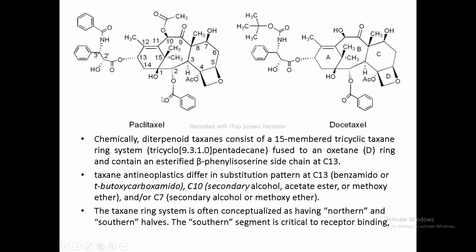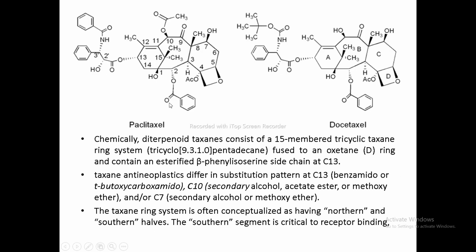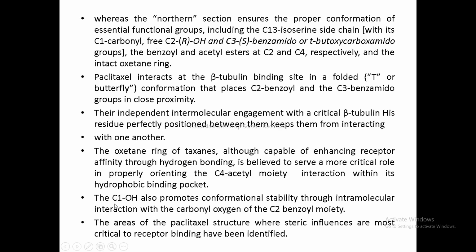So it forms an interaction with this oxygen, because in short these drugs bind to the receptor in a folded manner. All the groups which are far away from each other come into close proximity with each other. So with proper orientation, they bind to the receptor and then it shows the action.